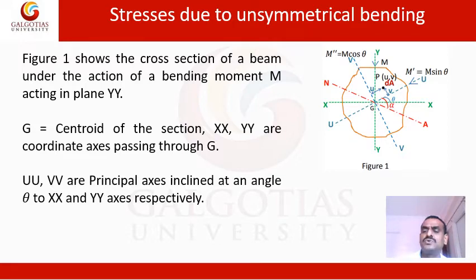This UU and VV is called the principal axis. If we take the components of the bending moment, there are two components. One component acts along the UU principal axis, that is M' equal to M sin theta. Another component, acting along the VV principal axis, is M'' equal to M cos theta.